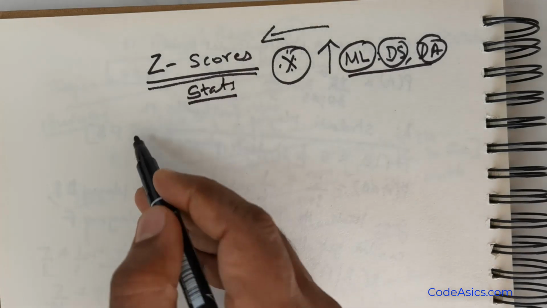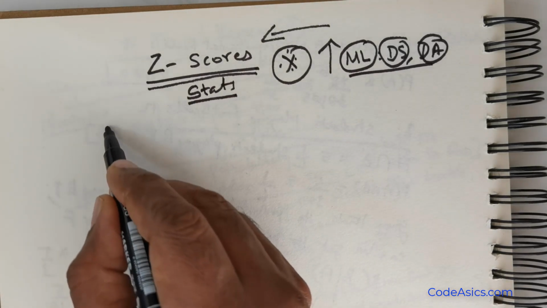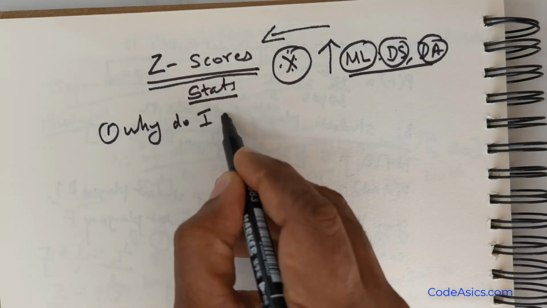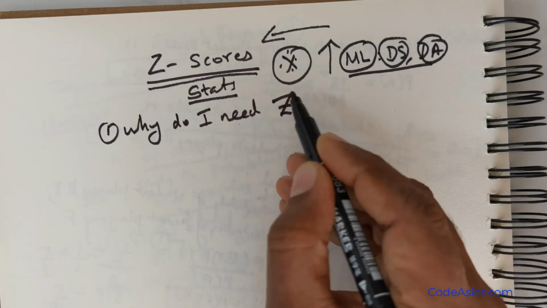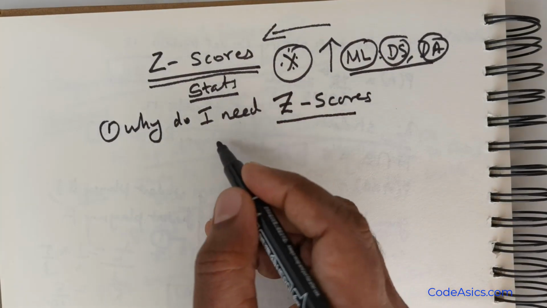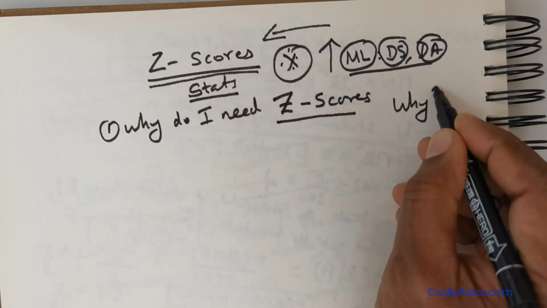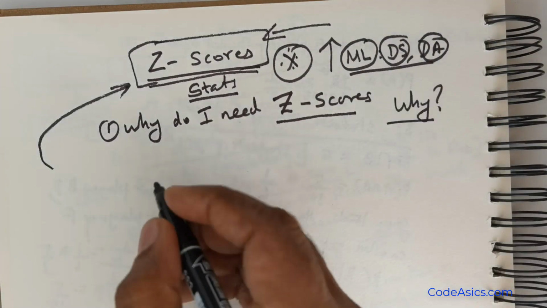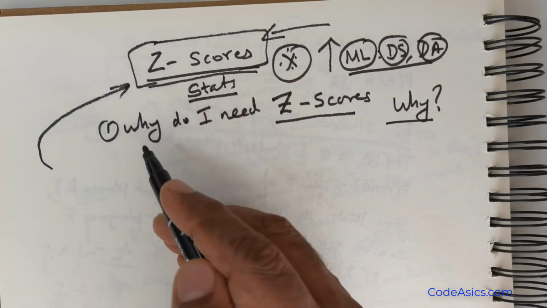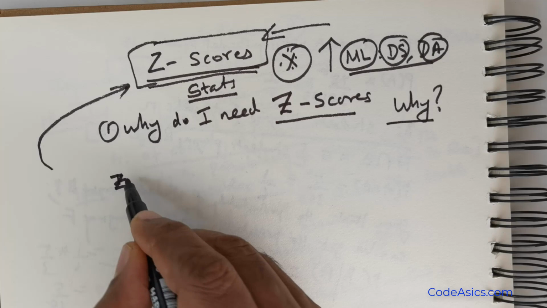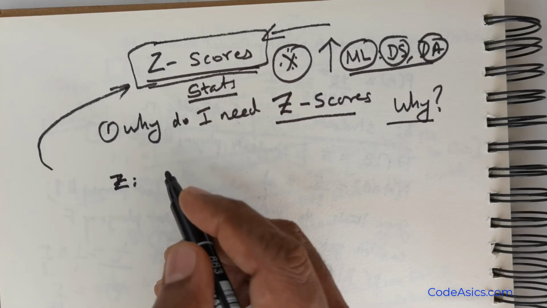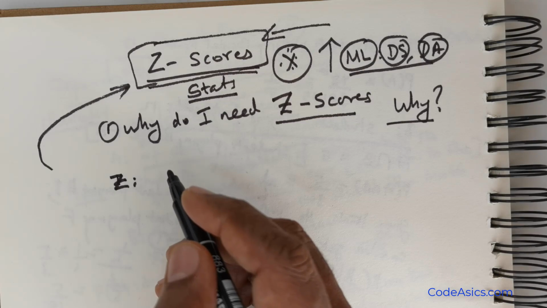Having mentioned that, first and foremost you have to know: why do I need z-scores? That is the all-important motivator. Let me give you three important whys that would motivate you in getting a grip of this area. Z-scores will tell you the exact position of a data point.